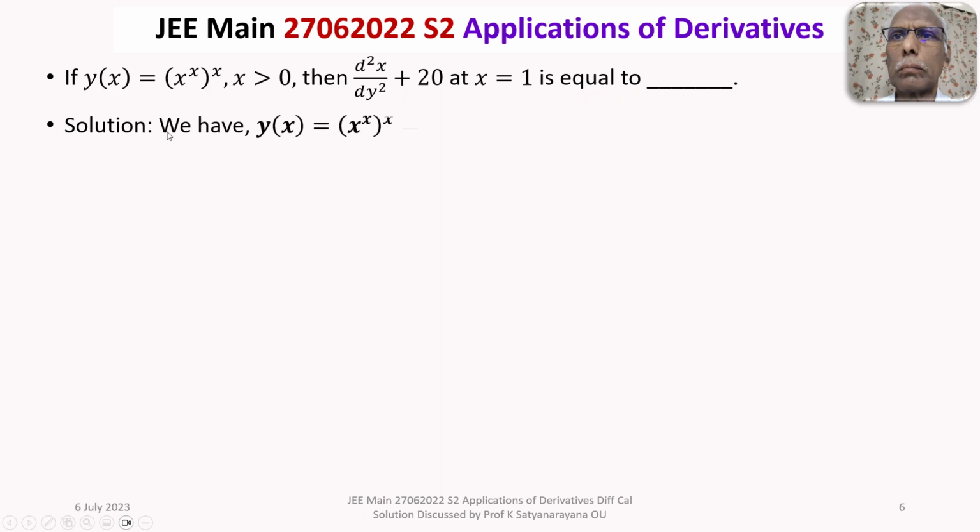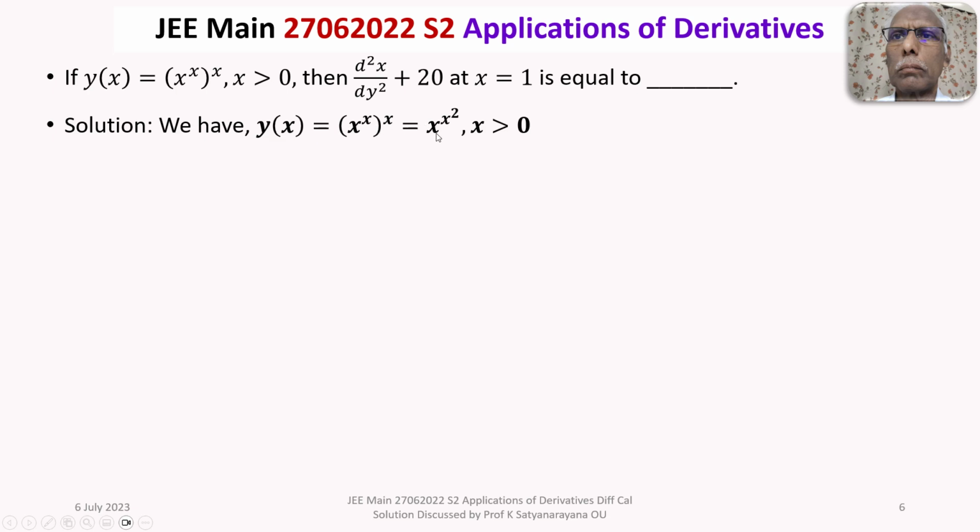Let's now discuss the solution of the problem in detail. We have y of x given as x power of x, that is equal to x power x square, where x is positive. What is it that we want? We want d square x by dy square, but we have y as a function of x.